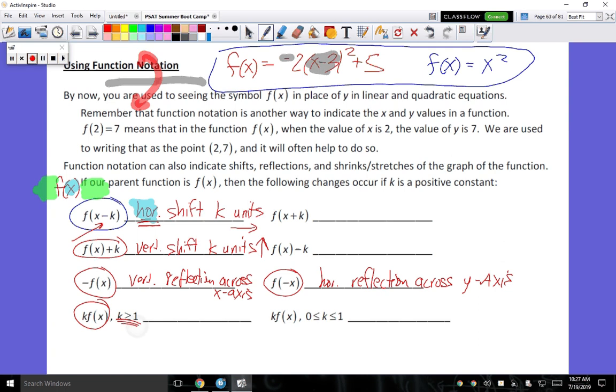Now this extra piece is just saying k is greater than or equal to 1. Vertical stretch by k. Okay. Is this right or wrong? It's wrong.